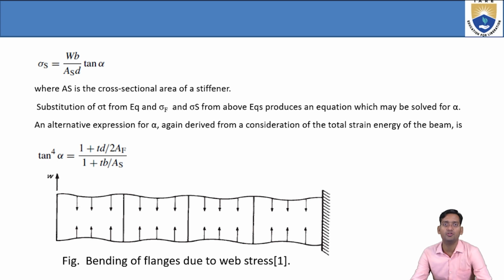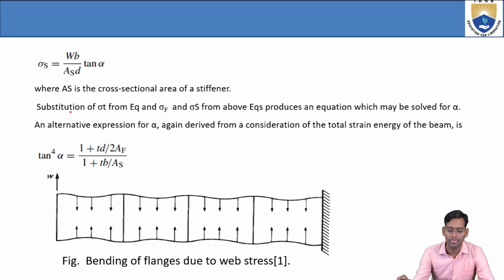And sigma s equals W by AS d tan alpha, where AS is the cross-sectional area of a stiffener. S stands for stiffener, F stands for flange.